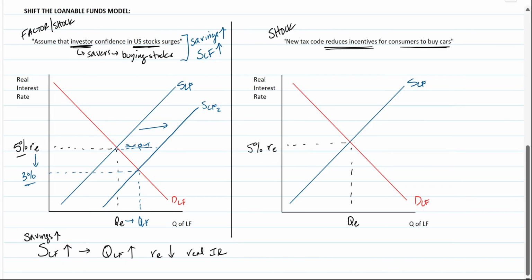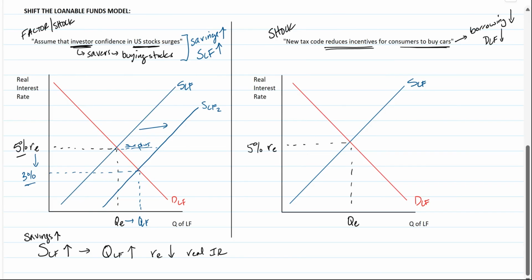And so in this case, we're thinking, okay, people are going to be spending less money, and we know that when people buy cars, they typically need to borrow. And so if people aren't buying cars, then they aren't borrowing. And we know that borrowing is our demand for loanable funds. So if people aren't going to buy cars, then they aren't going to borrow money, and the demand for loanable funds is going to decrease.